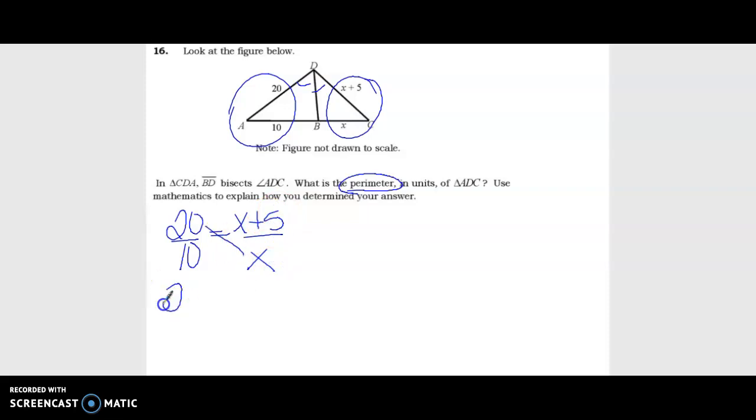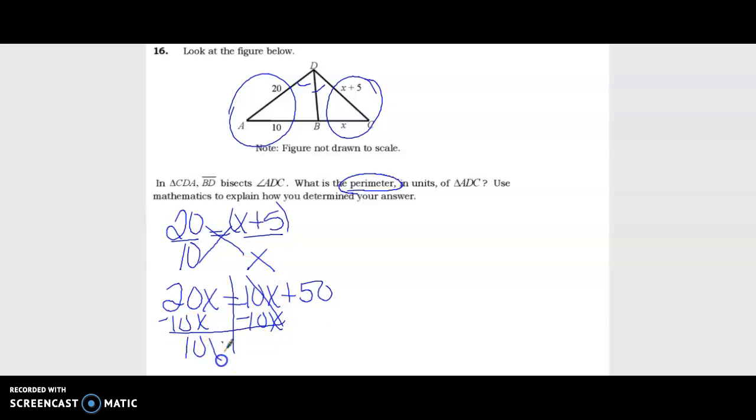Cross multiply. Make sure you distribute your 10, it goes to everybody. So 10x plus 50, and then we're going to solve for x. Move over my variable. I'm left with a constant of 50, and then divide.